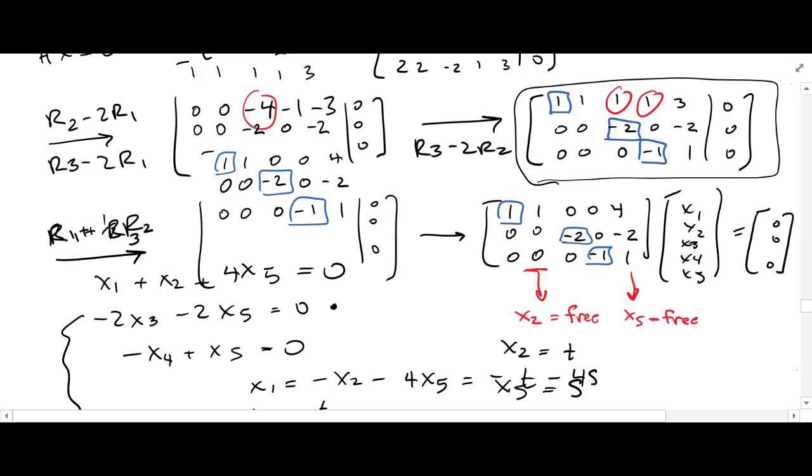But this is reduced row echelon form, where you have zeros above and below each pivot. Can you think of row echelon forms as upper triangular? Yeah. As far as I know, row echelon form is the same as upper triangular, just for non-square matrices.